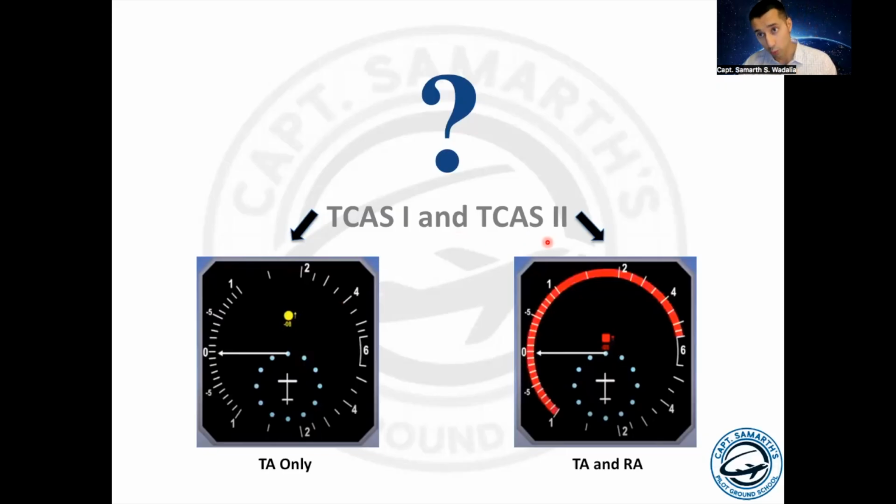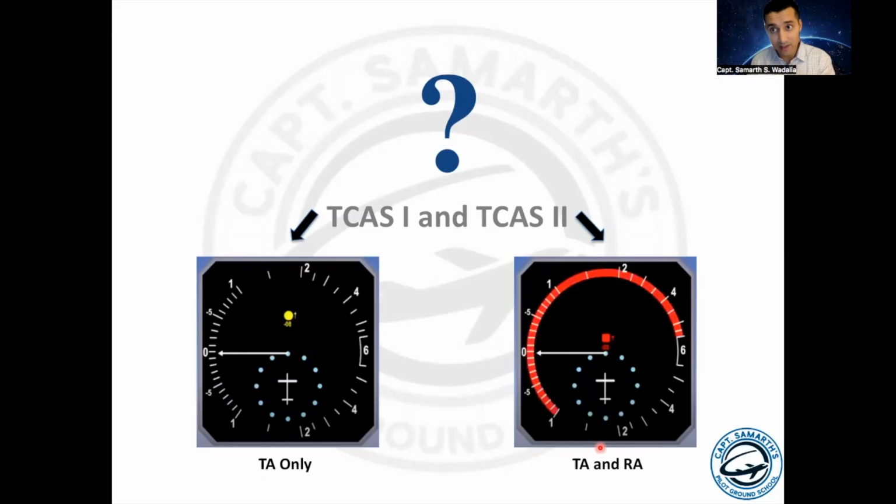Cut to TCAS 2. TCAS 2 is the current generation of Traffic Collision Avoidance System, and TCAS 2 is capable of giving you traffic advisory, TA, and also RA, resolution advisory. In simple words, resolution advisory advises you on a resolution to the problem you find yourself in. So unlike TCAS 1, which only alerted you to traffic in your vicinity, TCAS 2 will alert you to traffic in your vicinity.